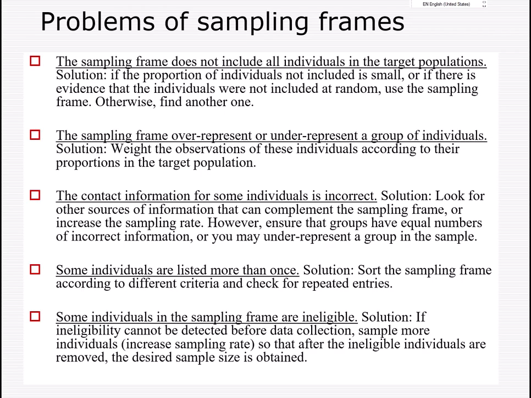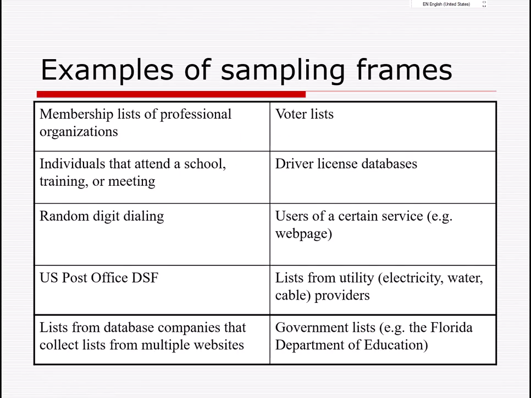Duplicated lists you may be able to remove unless, for example, there are different emails for the same people, but you don't know that they are duplicates. That will create a problem if you have too many of those, because you may classify an individual as a non-respondent, but he responded through a different email. And ineligibles, so if you can't identify them in advance, you may have to oversample to account for them.